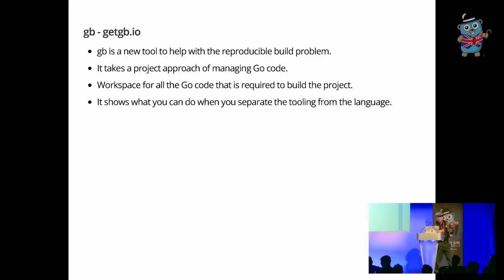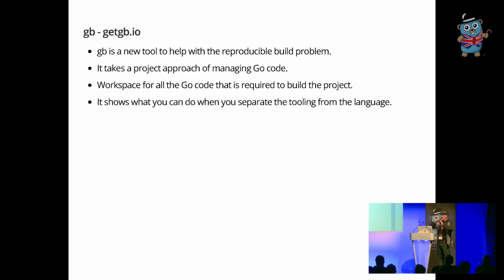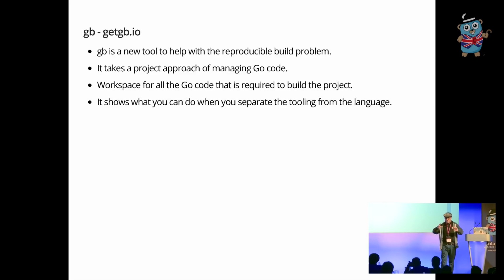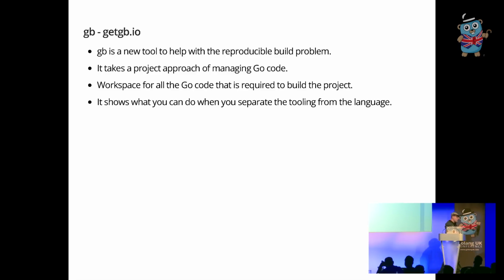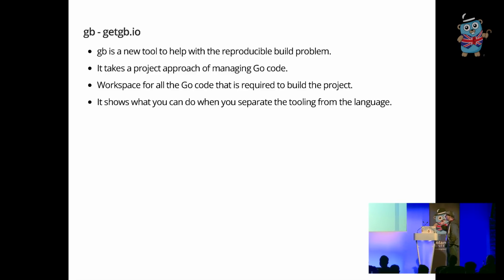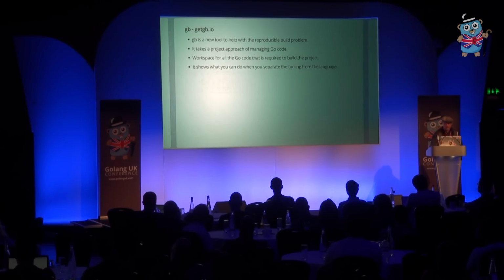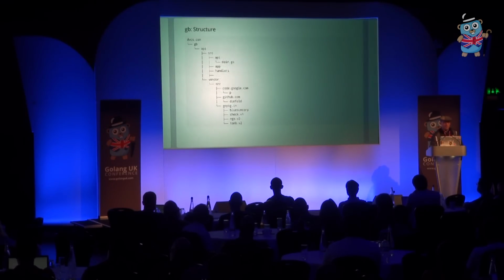And what's even more brilliant is that the workspace you're creating for this project shouldn't be restricted to just some single workspace like we have today, like your Go path. That workspace can be put anywhere you want on disk, it shouldn't matter, and you can build that wherever it is. Right? And I think it's a tool that shows how when you separate the tooling itself from the language, you can really come up with some pretty elegant solutions around this problem.